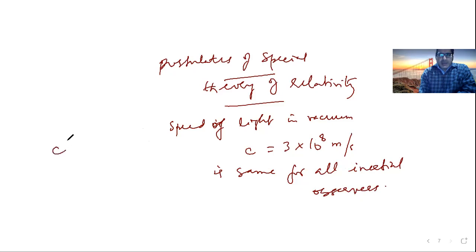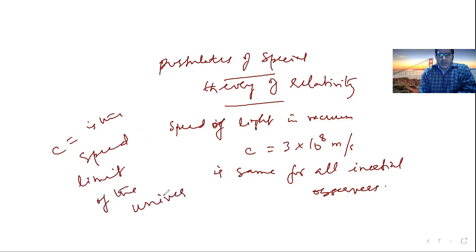This c is the speed limit of the universe. That means no particle or signal can move at a speed greater than c.